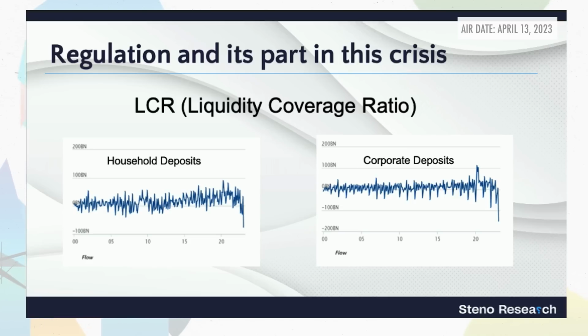If we look at the high quality liquid assets that were designed to always meet the demands of depositors, well, if you look at the moves and the volatility in the US Treasury market over the past, say, year or two, it is quite visible that those bonds do not offer the exact stability that is needed in a high-quality liquid asset book to always meet depositors leaving the bank in case of emergency.